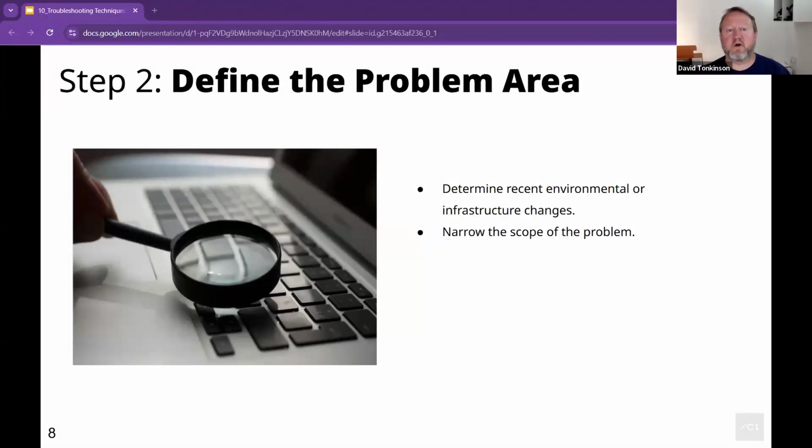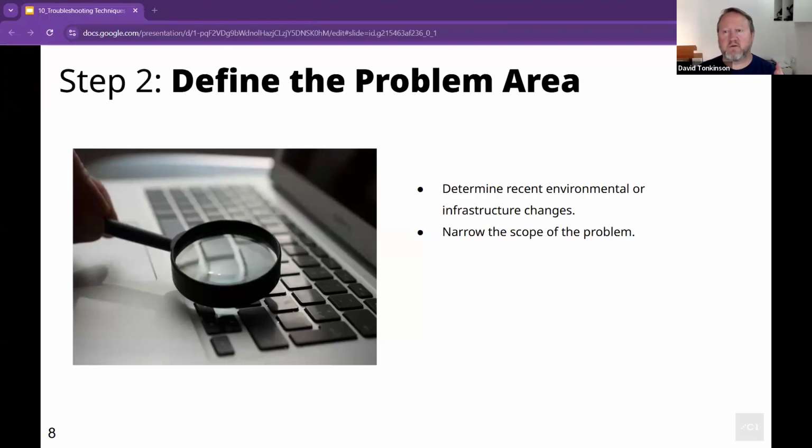So then we talk about defining the problem area. So we're talking about determining the recent environmental or infrastructure changes, which refers us back to what Precious has basically said, and narrowing the scope of the problem. If someone says, my Word is crashing all the time, well, it's not crashing all the time, is it? It's crashing some of the time, and we've got to narrow it down to what specifically do they do when it crashes.